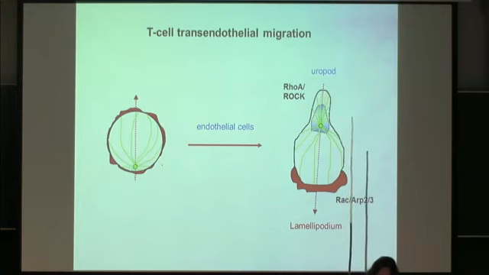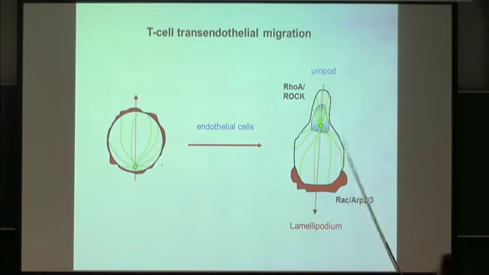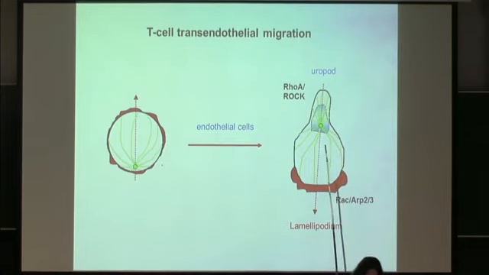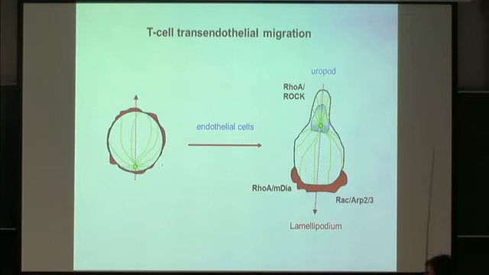At the front, it's well known that RAC is active, and it activates this complex called the ARP2/3 complex to stimulate actin polymerization. But we've also shown now that Rho A is active at the front from the biosensor, and also by the fact that if we remove Rho A, there's no front anymore, so this structure doesn't form.